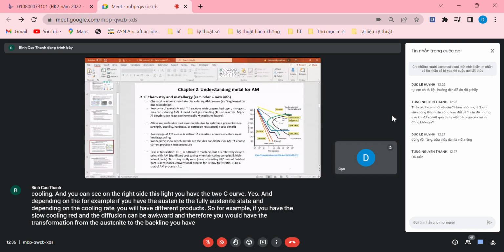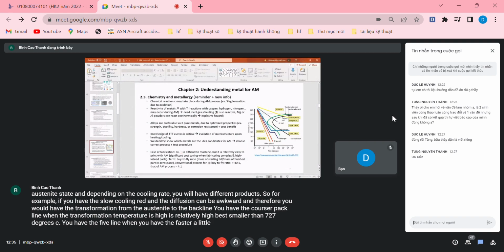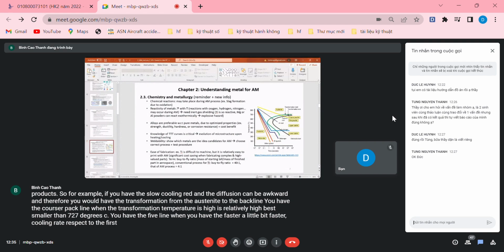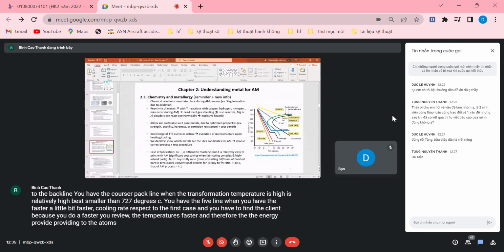You have the coarser pearlite when the transformation temperature is relatively high, but lower than 727 degrees C. You have the fine pearlite when you have a little bit faster cooling rate with respect to the first case, because you reduce the temperature faster, and therefore the energy provided to the atoms is reduced.